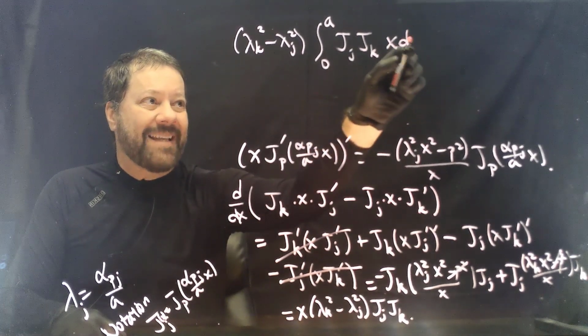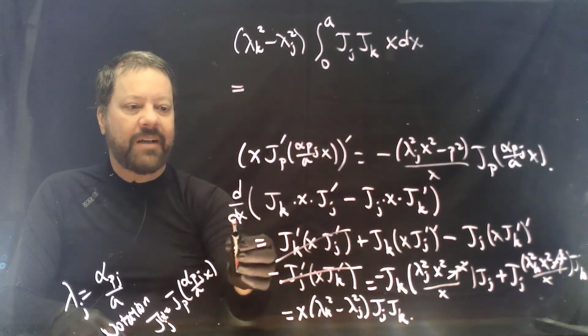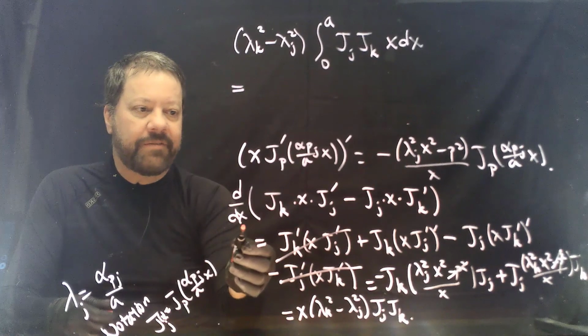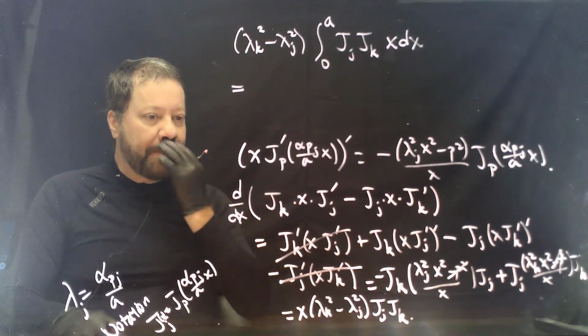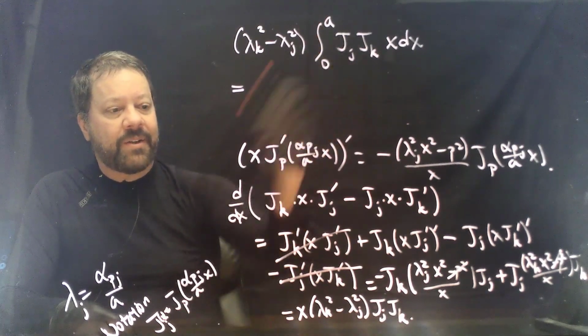We'll have our weight x. But we're integrating this perfect derivative. And so we'll get the rest of this evaluated between 0 and a.